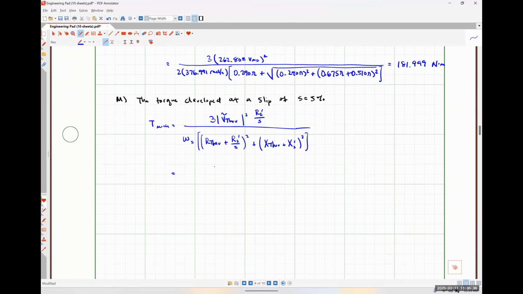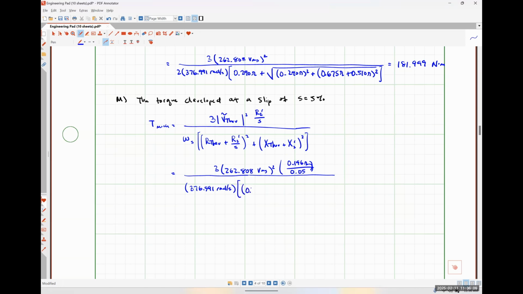So this would be 3 times, I believe, 262.808 volts RMS squared. Then we would have 0.196 ohms over 0.05 in this case. Our omega S is 376.991 radians per second.